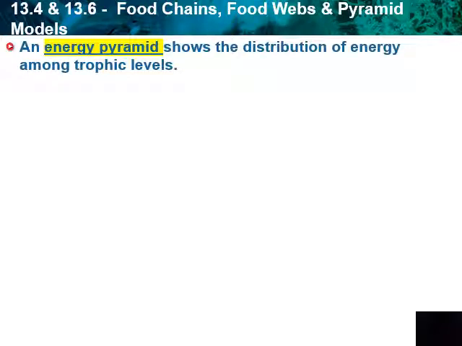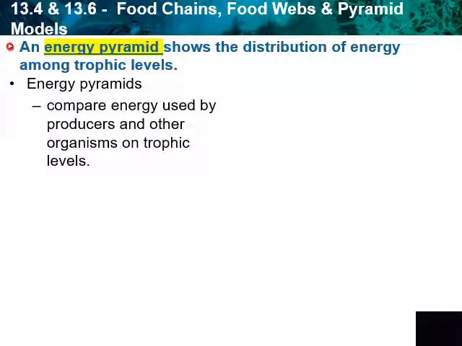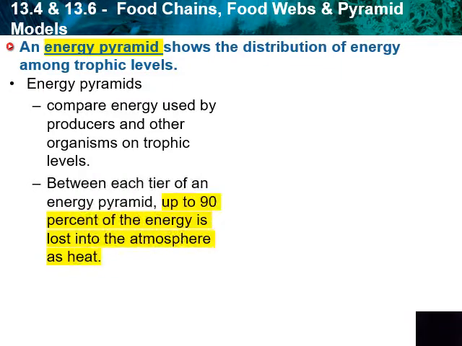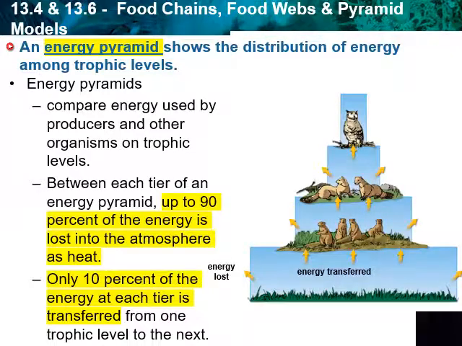So an energy pyramid shows the distribution of energy among trophic levels. And we can use this to compare energy used by producers and other organisms on each trophic level. In between each tier of the energy pyramid, up to 90% of energy is lost to the atmosphere as heat. So as we move up, 90% of energy is lost. So only the original 10% of energy at each tier of our pyramid is transferred from one level to the next.